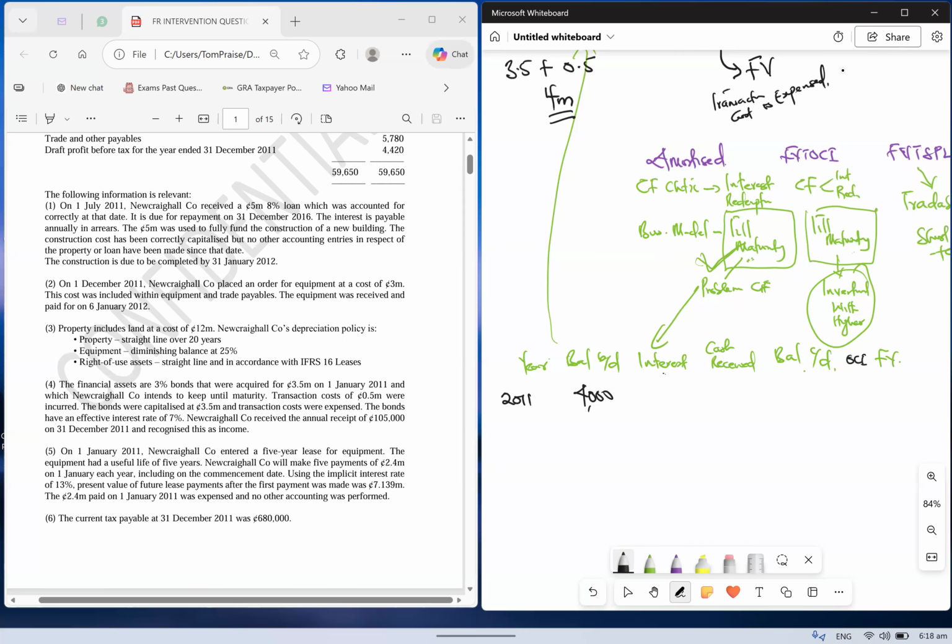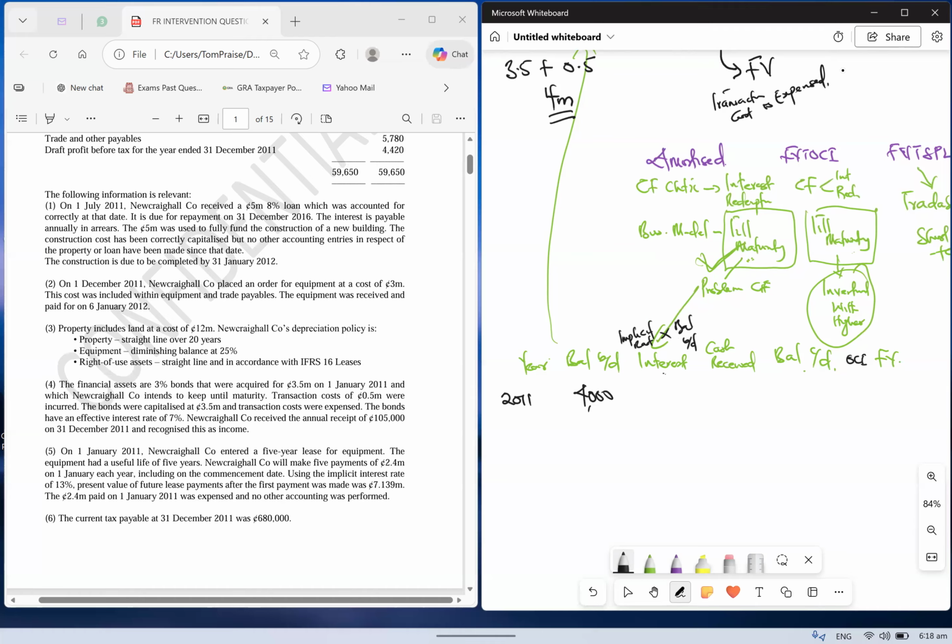Then the interest rate here, we call it unwinding. So you do the implicit interest rate or the effective interest rate multiplied by the balance brought down. You'll be seeing two interest rates.